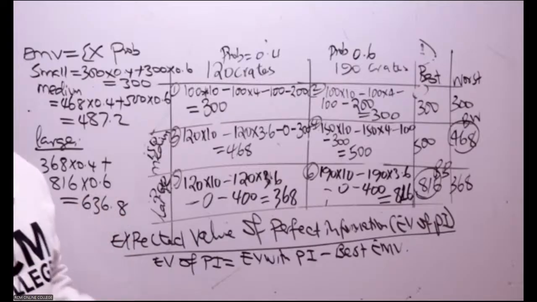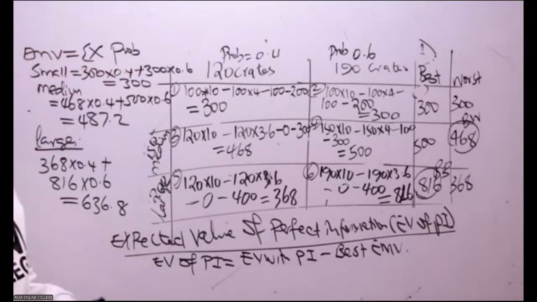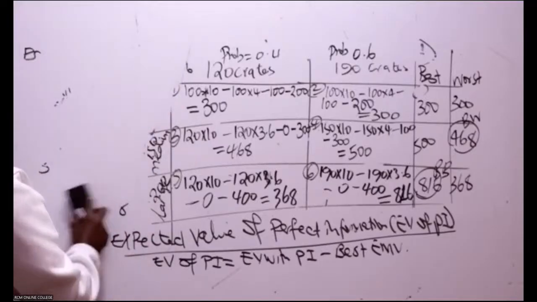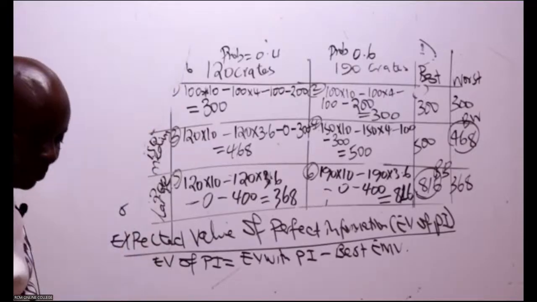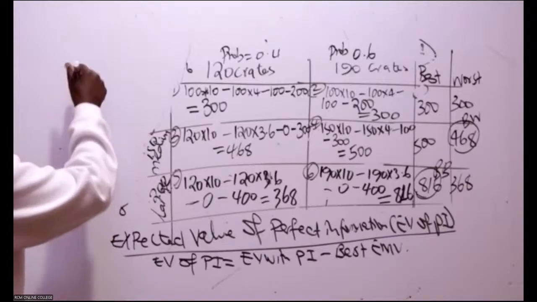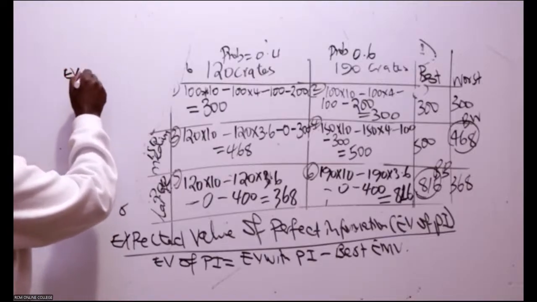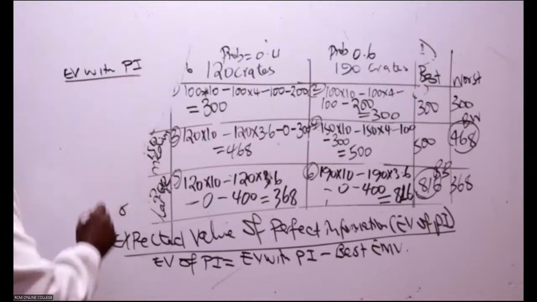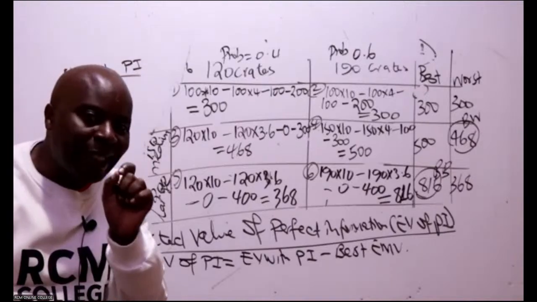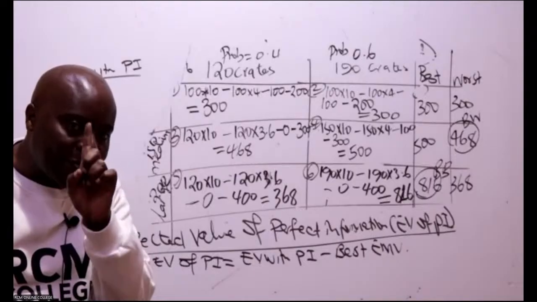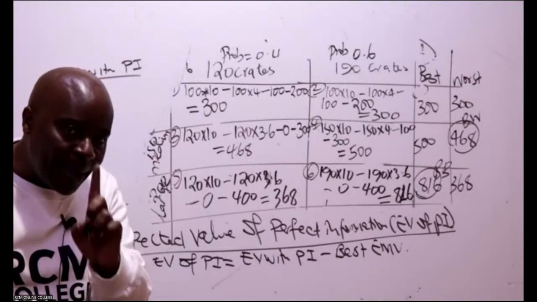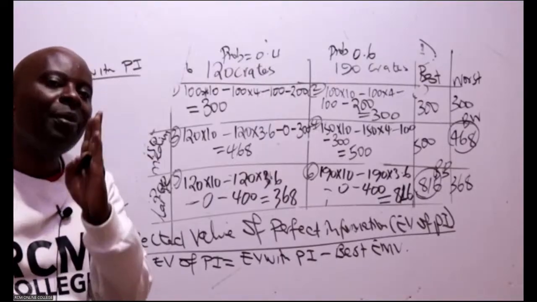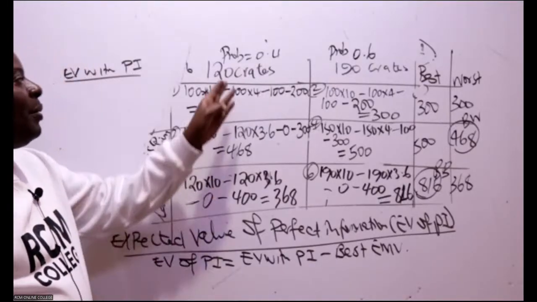Now please listen. I will first compute this EV with PI. To get it, we always go to each state of nature, one at a time, selecting the best outcome. These experts are coming to tell us there will be rain, or our demand will be this.